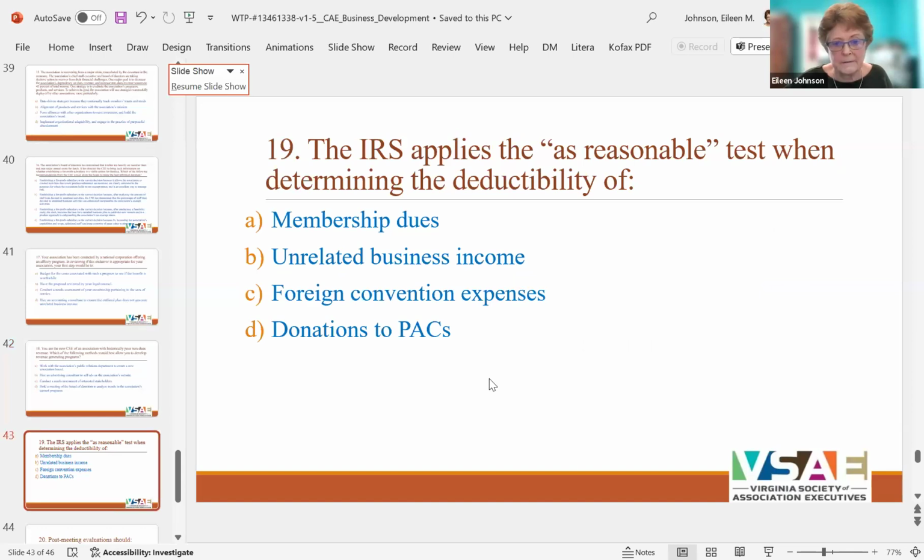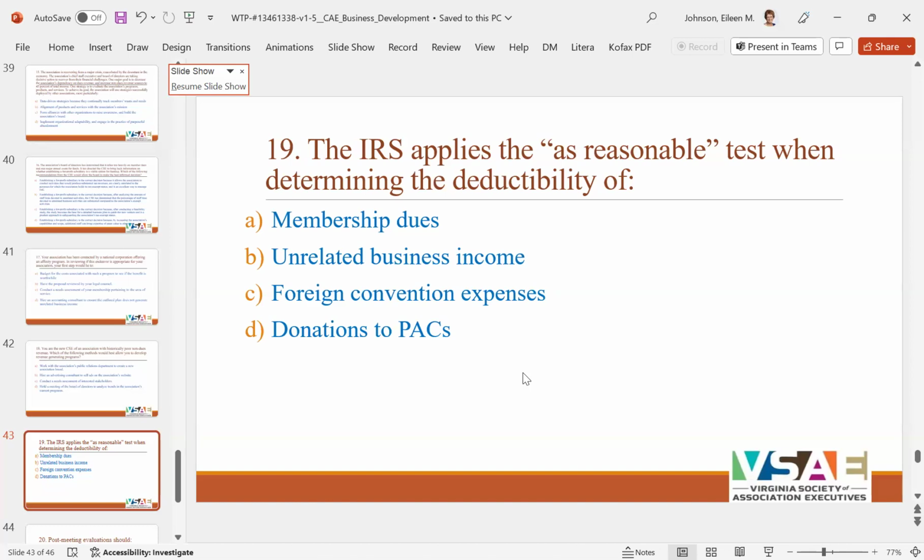19. Okay, no pressure. The IRS applies the as-reasonable test when determining the deductibility of membership dues, unrelated business income, foreign convention expenses, or donations to PACs. Okay, again, foreign convention expenses feels a little too detailed.